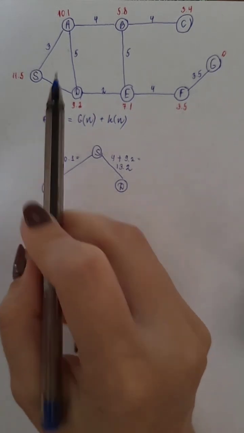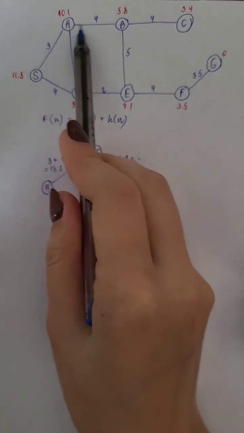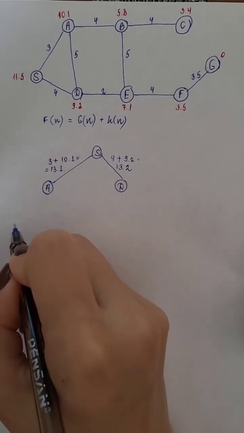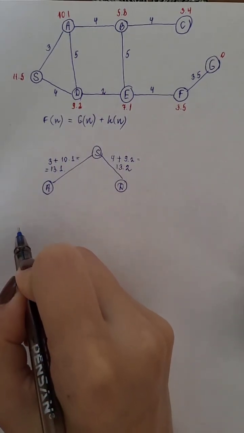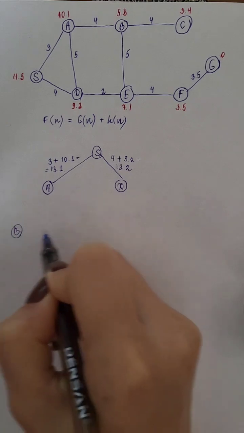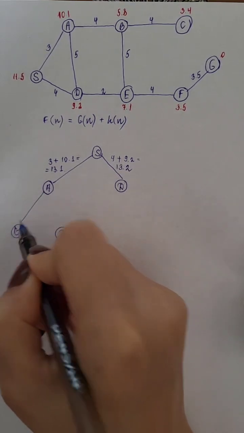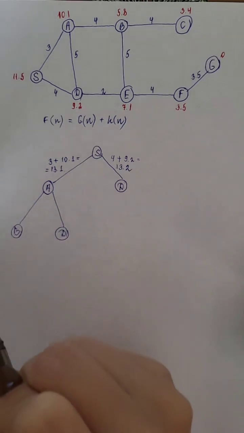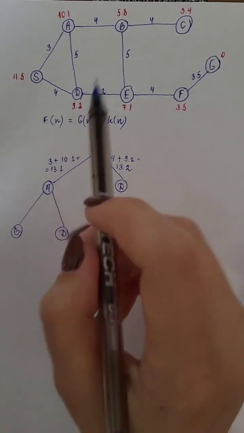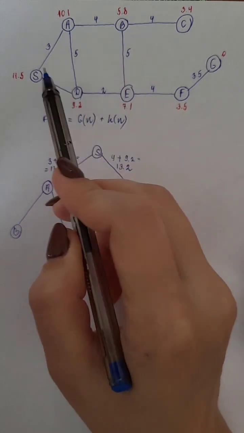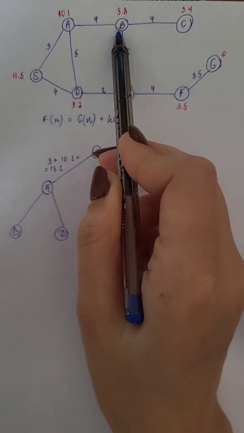So A has two neighbors, B and D. So I will write here B and D. Okay, and what's the distance between S and B?